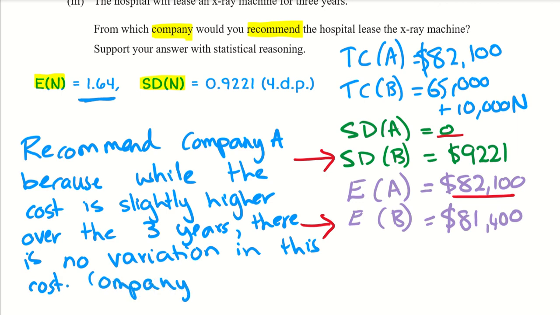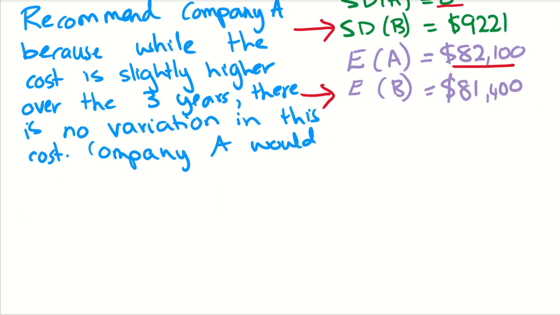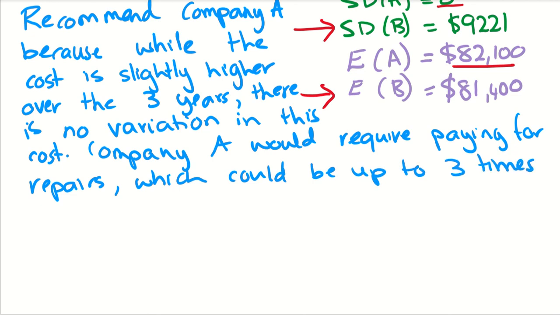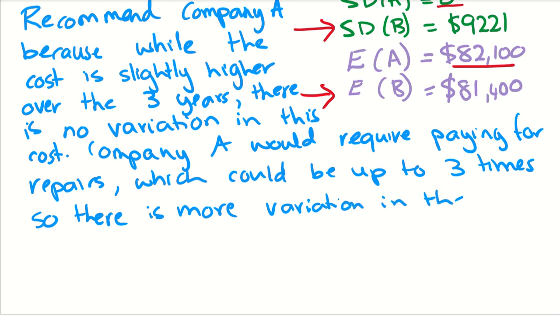Company B would require paying for repairs, which could be up to 3 times. So there is more variation in the cost. And that's our recommendation.